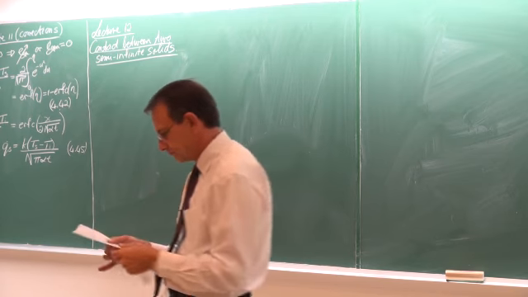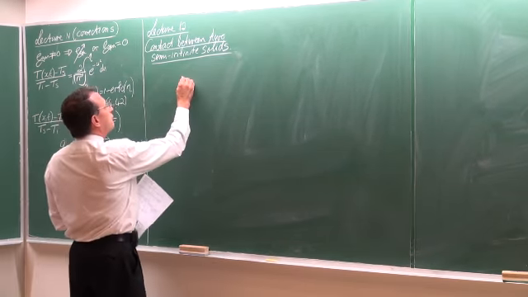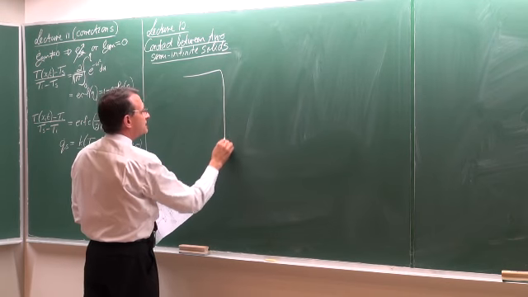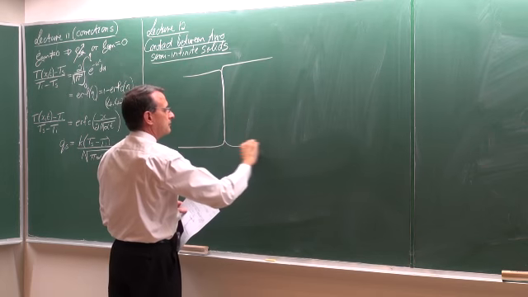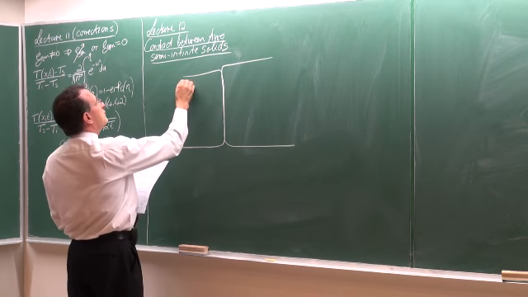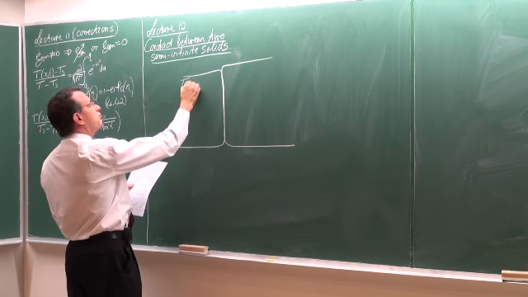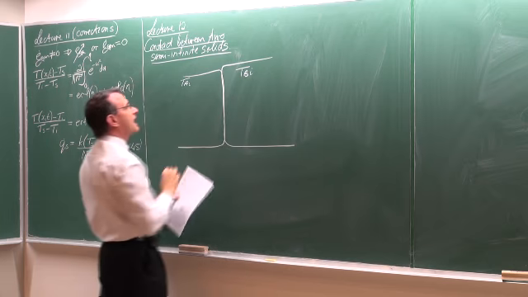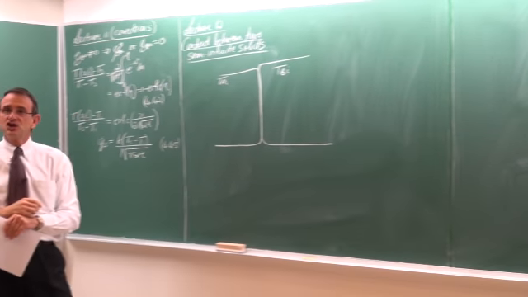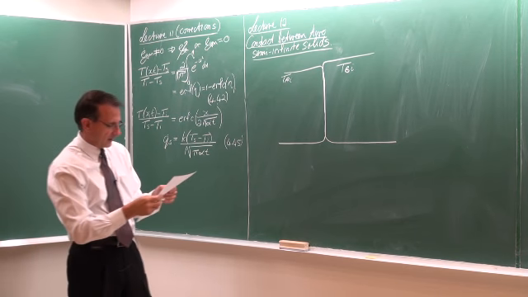Okay, so now let's look at what happens if we have 2 semi-infinite bodies that make contact with each other. This semi-infinite body is at a temperature TA. So this is body A and this is body B, and both of them are at different initial temperatures, TAI and TBI.